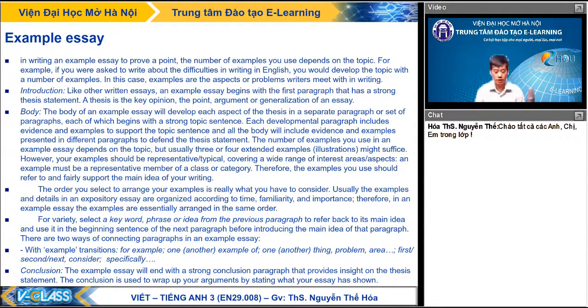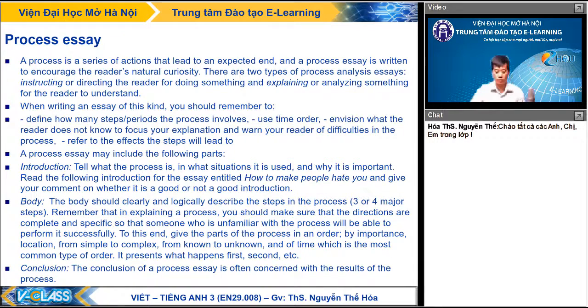And you may try to practice writing this at home for the process essay, especially when we may choose one of the two topics here. For example, we may write how to avoid trouble with your neighbor. The second topic could be how to choose a car, how to choose a motorbike.